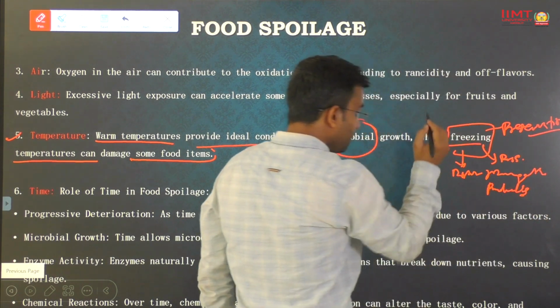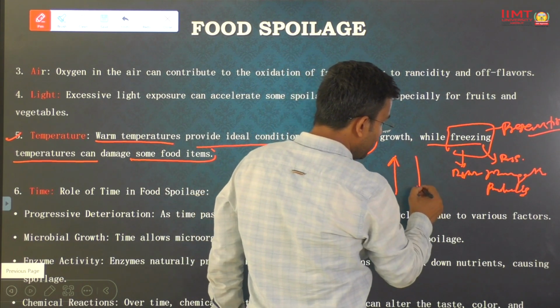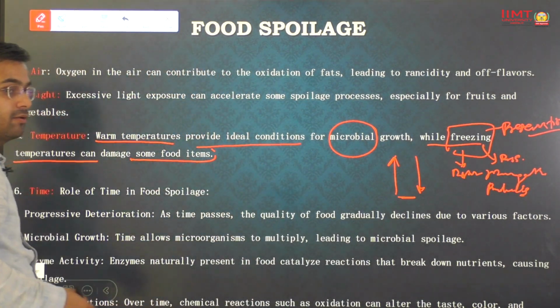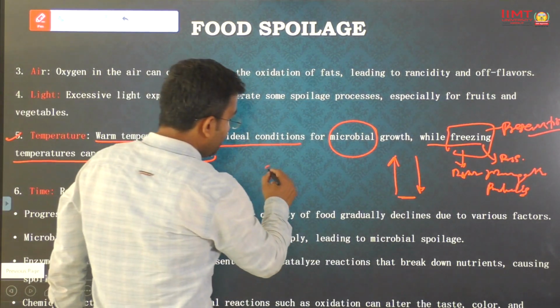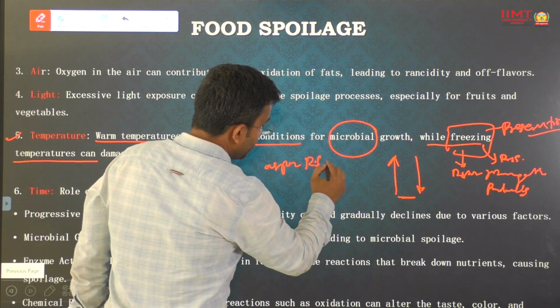So we give high, low or moderate temperature as required for the particular fruits and vegetables.